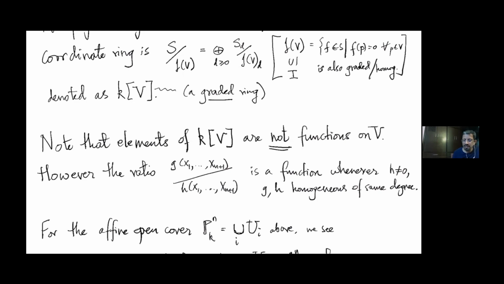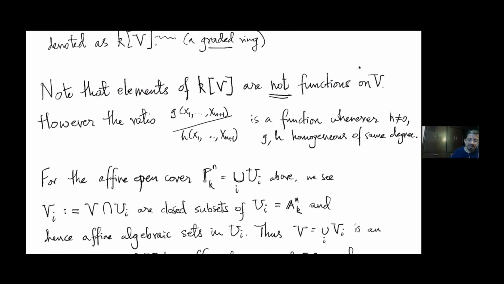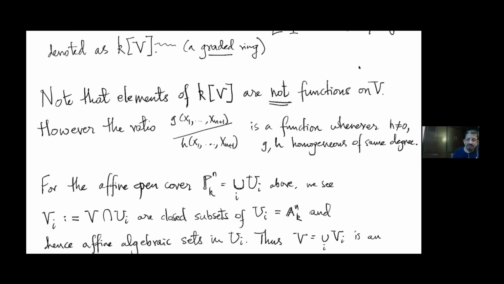We assume that G and H are homogeneous of the same degree, and only then will the corresponding ratio make sense on lines in A^(n+1) through the origin, which is the same as points in P^n. And of course, we must also assume that H is not 0, otherwise it doesn't make sense.